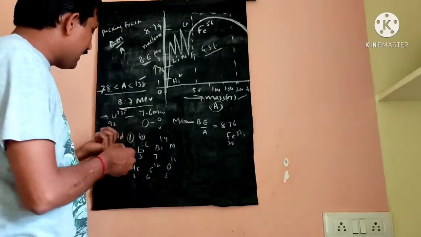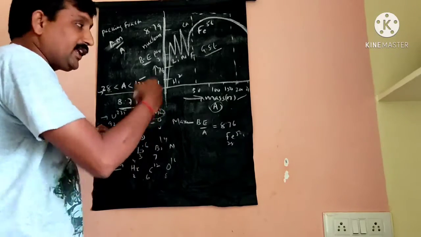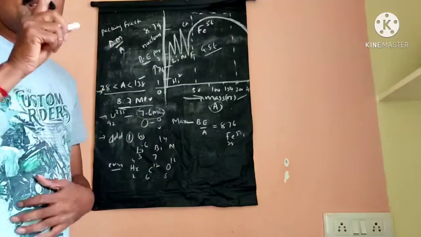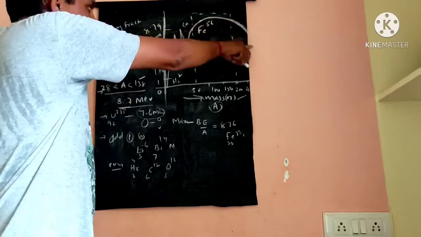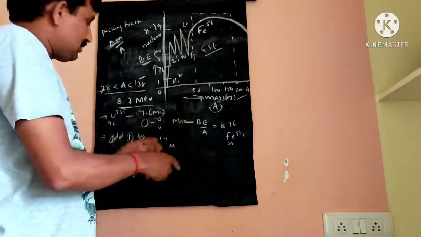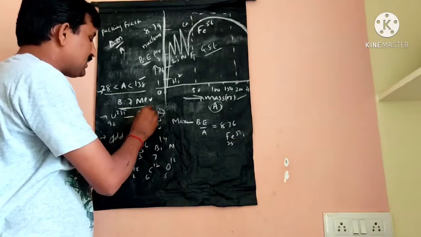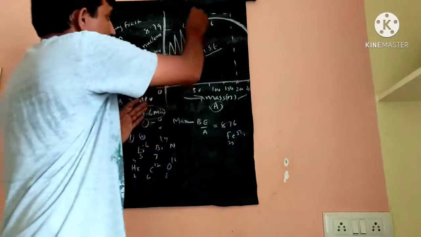So the binding energy decreases as the atomic mass increases. The process is known as nuclear fission. Due to nuclear fission, the binding energy of heavy atoms reduces. Uranium's binding energy is 7.6 mega electron volts.